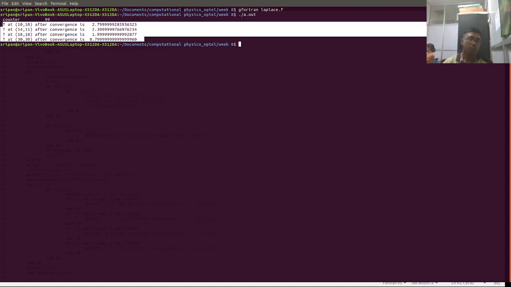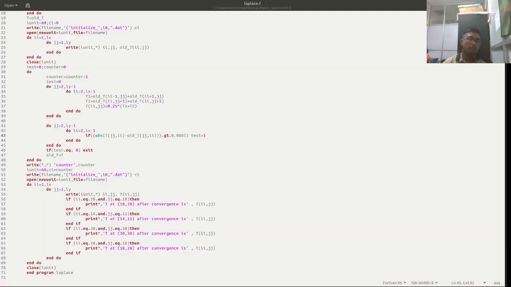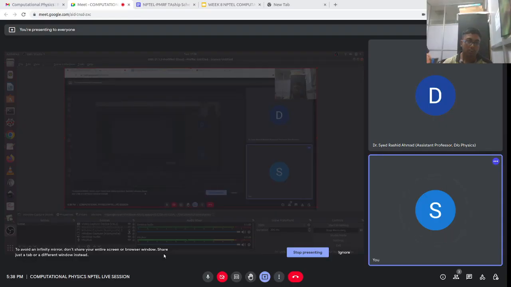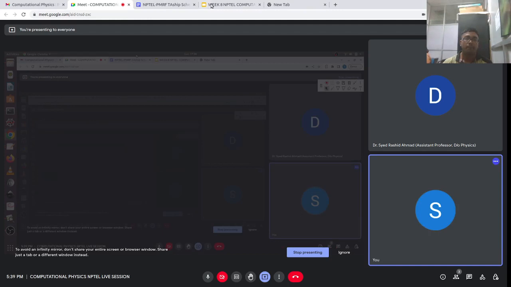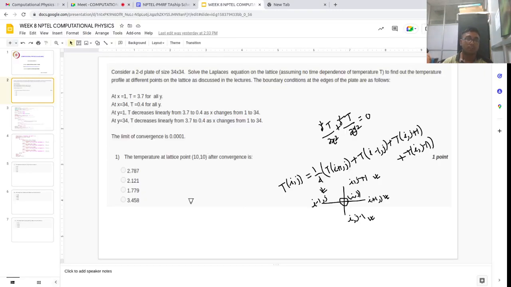Now if we look at the answers, just a second. See, the first question is the temperature at lattice point 10, 10 after convergence. If we look at the answers, this will be the correct answer.